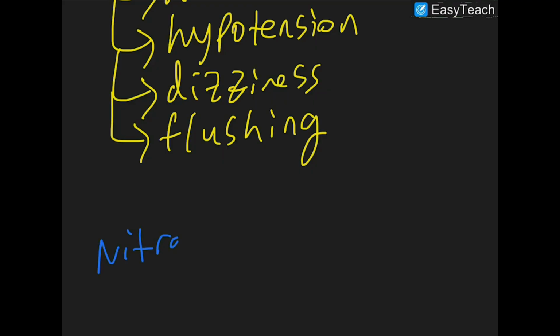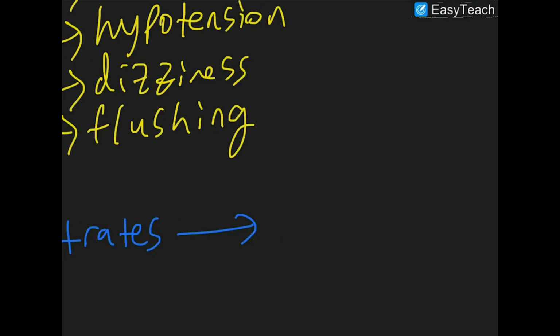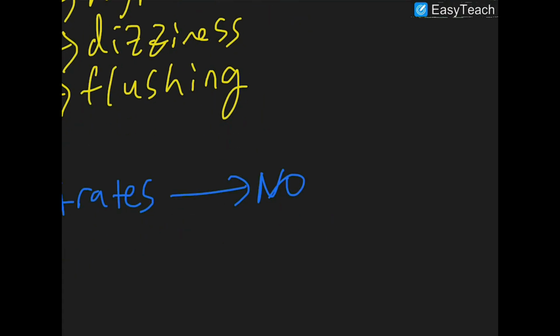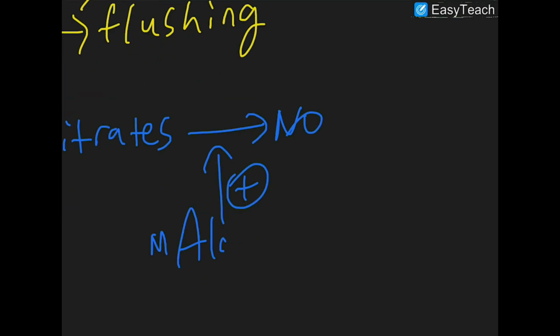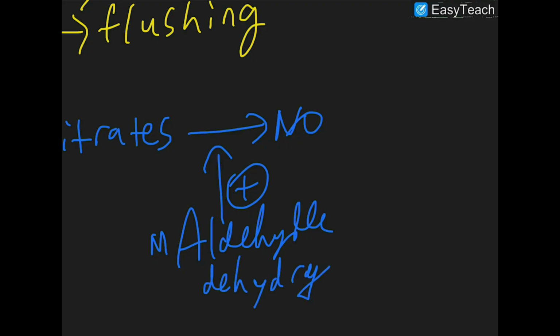When we gave nitrates, those nitrates went into your smooth muscle cell and converted to nitric oxide, and we said a major enzyme that helps this process occur is mitochondrial aldehyde dehydrogenase. So as you're constantly exposed to nitrates, this enzyme starts becoming less effective. You start decreasing the effectiveness of this enzyme as you're constantly exposed to nitrates over time.